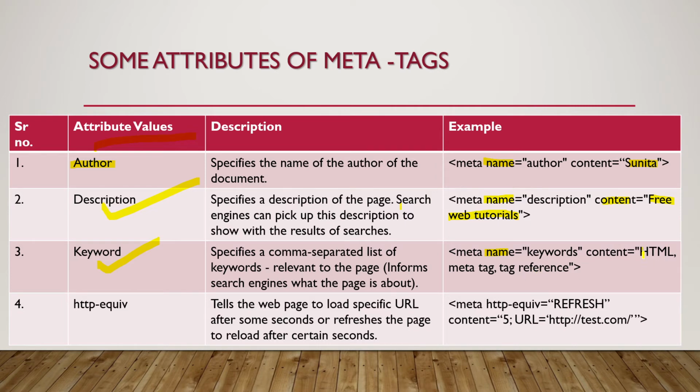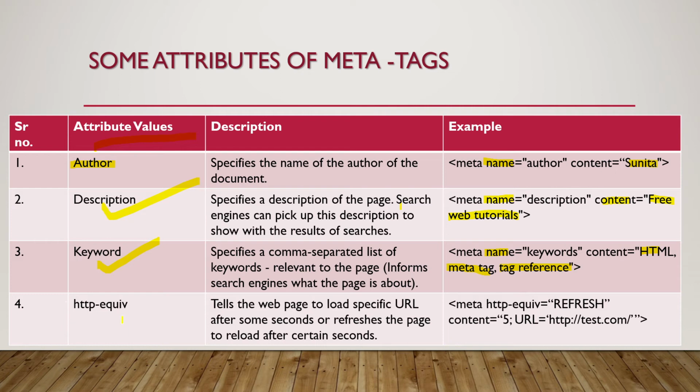With the help of these three names, my website can be searched on the search engine. If you write meta tag, then also this website will be available. If you write tag reference, then also it is available. And if you write HTML, then also it will be available.